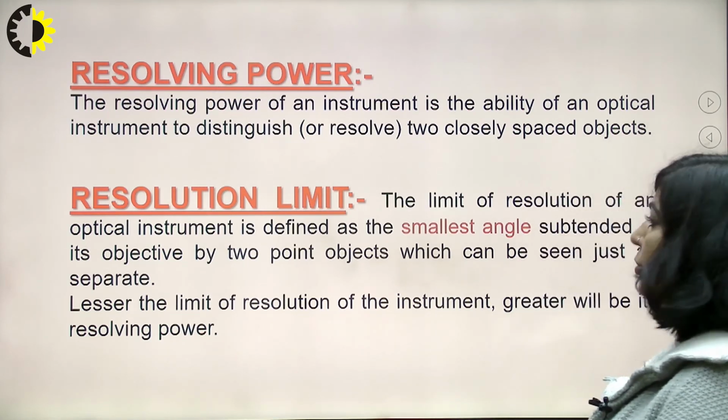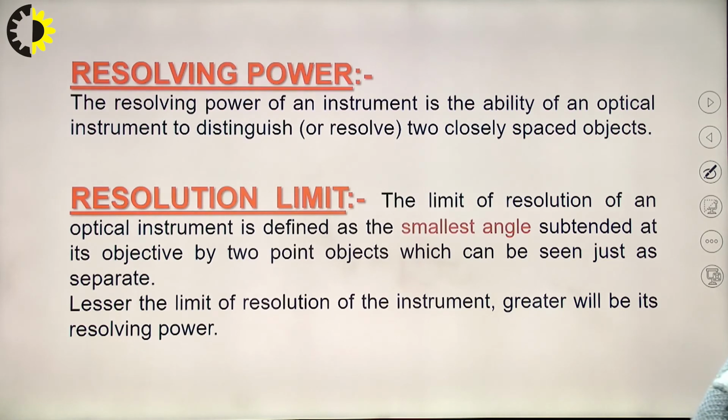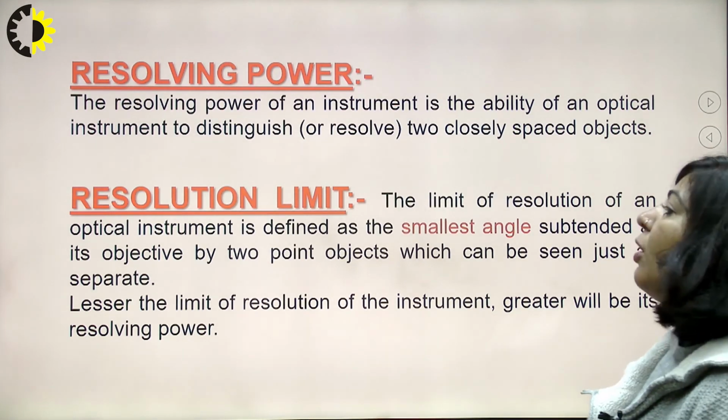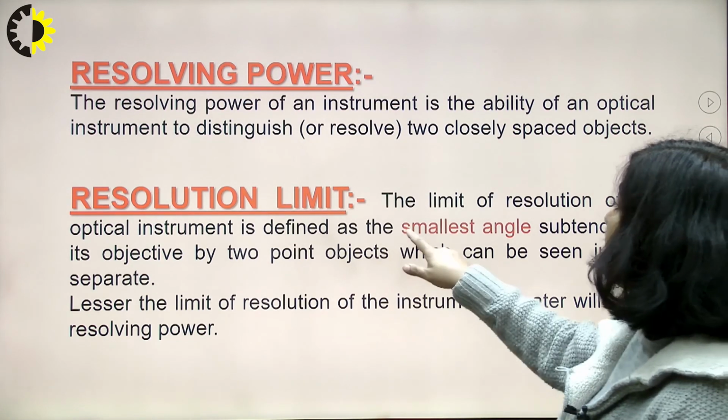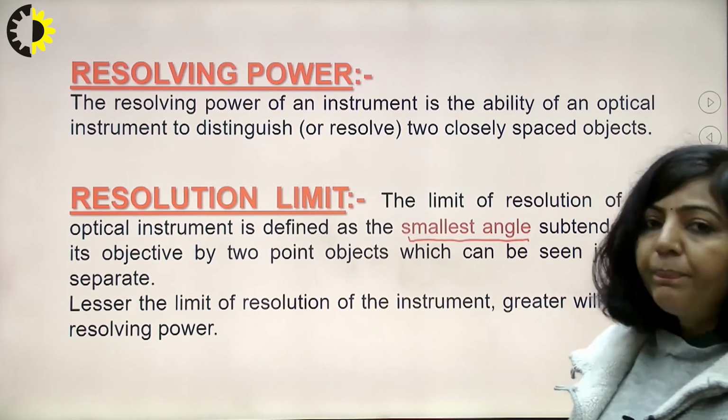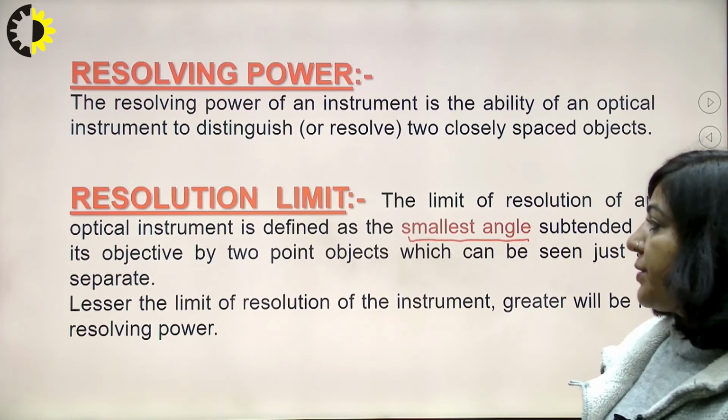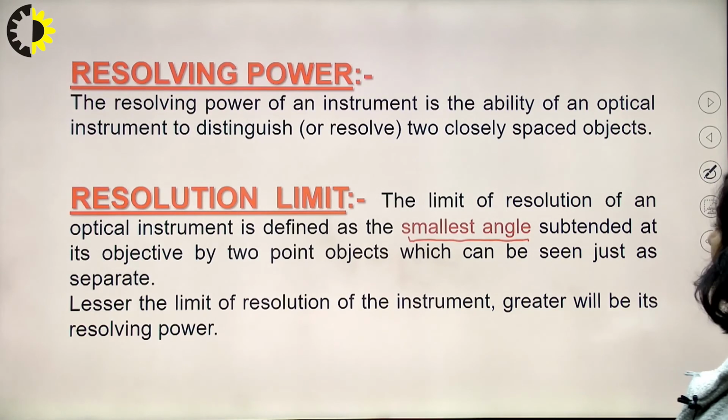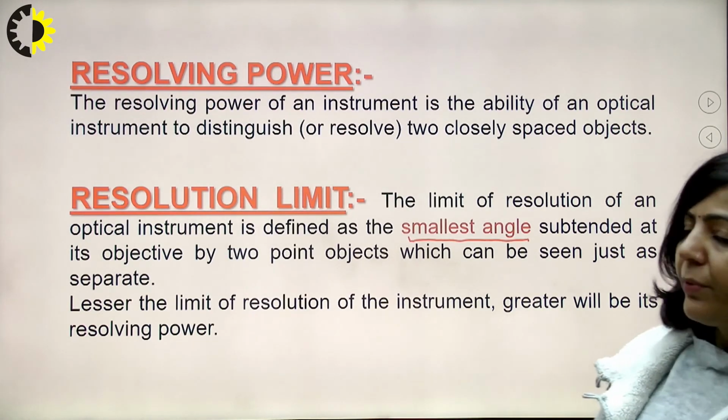The limit of resolution of an optical instrument is defined as the smallest angle subtended at the objective by two objects which can be seen just as separate.